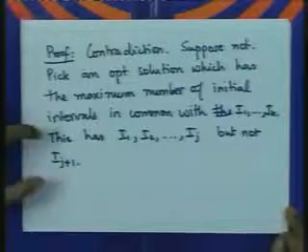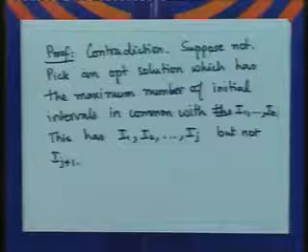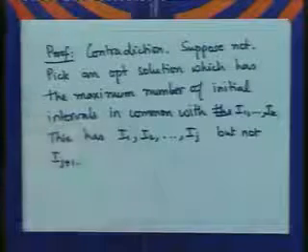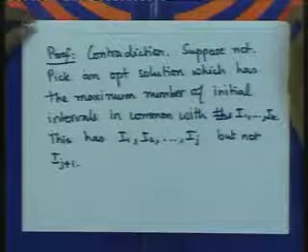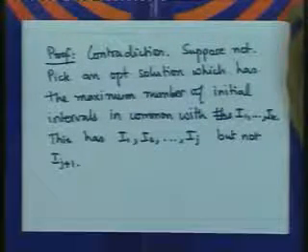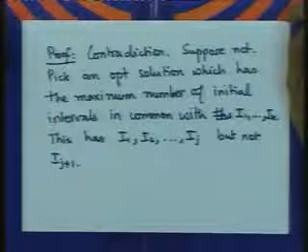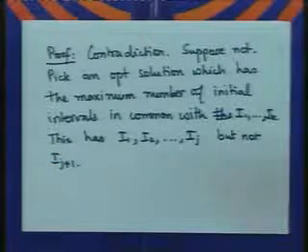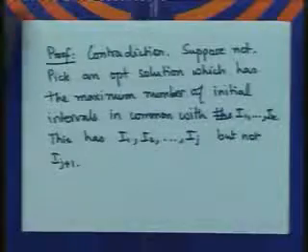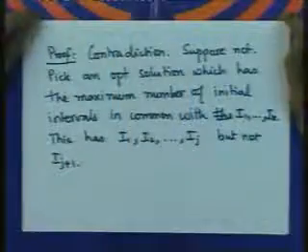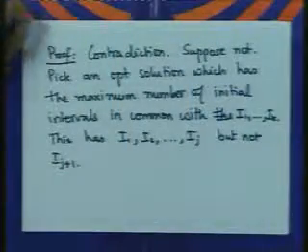This says that there is an optimum solution which has I1, I2 up to Ij, and no optimum solution has Ij plus 1. When I look at all these optimum solutions, there could be many, none of them has Ij plus 1 in them. But there is one which has I1, I2 up to Ij. So let's fix this and look at it.